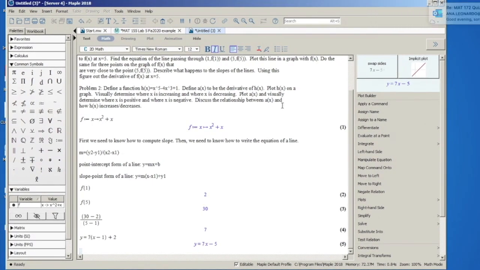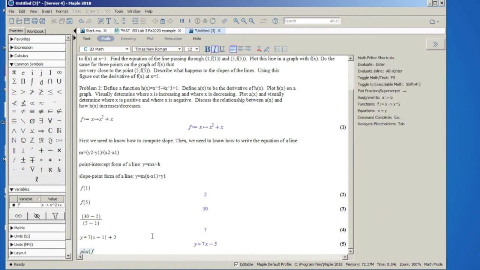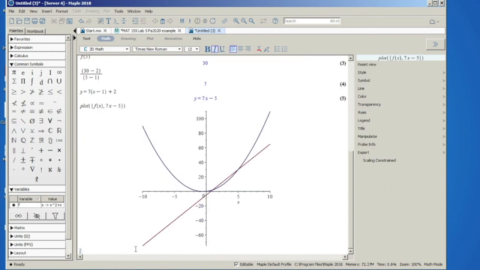Now we have plot f of x, and then we have 7x minus 5. Again, from one of the previous labs, to plot two functions on the same graph, you have to put these brackets, the squirrely brackets, I guess. So let's first just plot them and see what they look like.